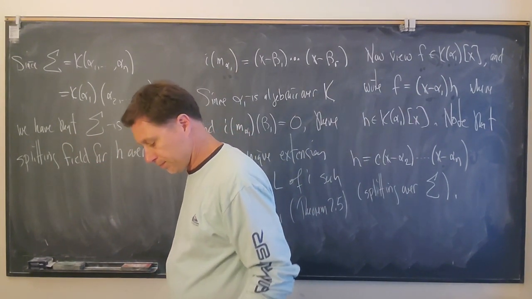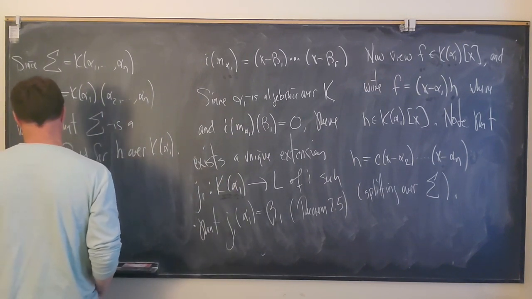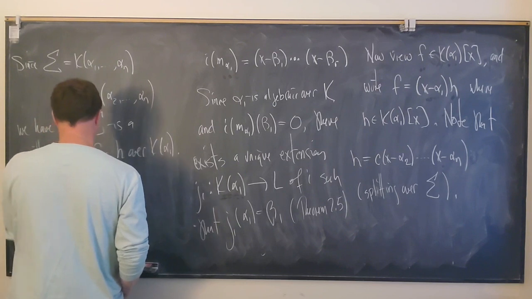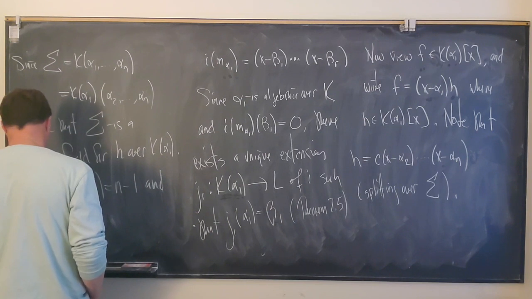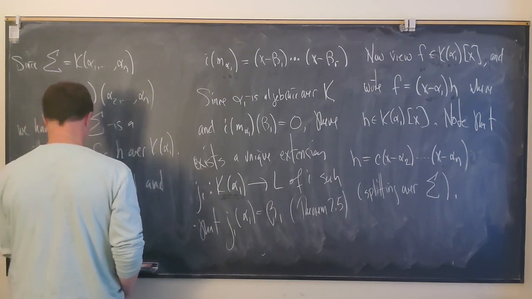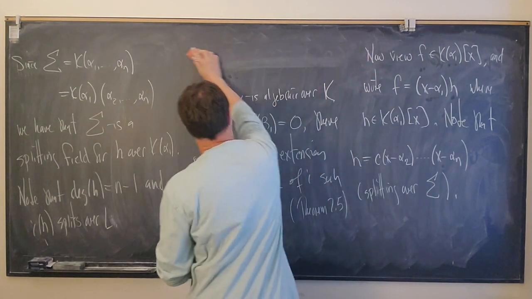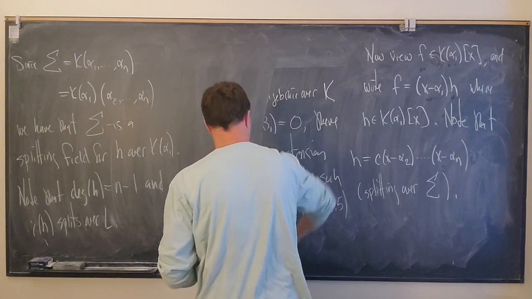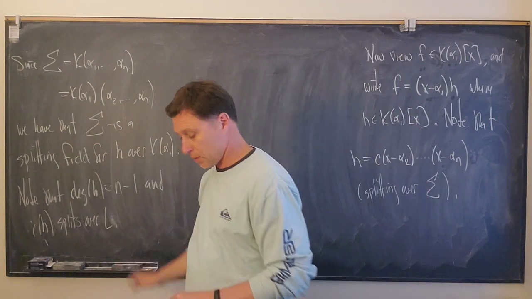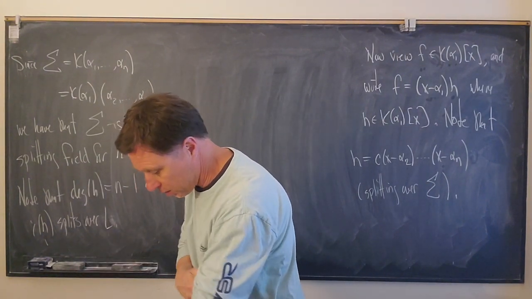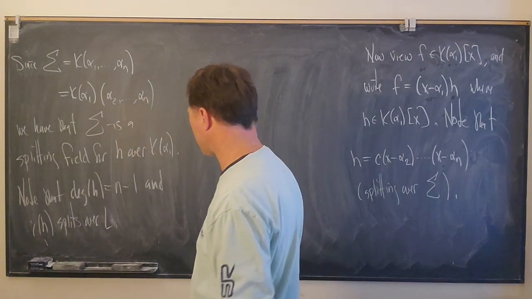So note that the degree of h equals n minus 1, and I of h splits over L. Why is this true?